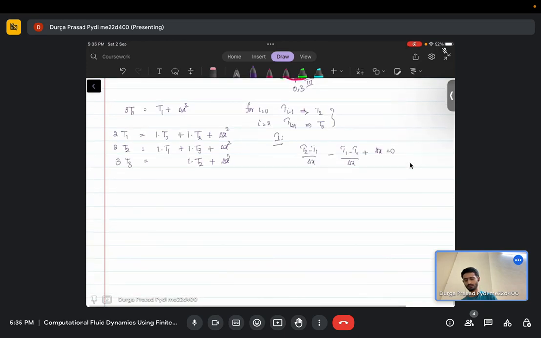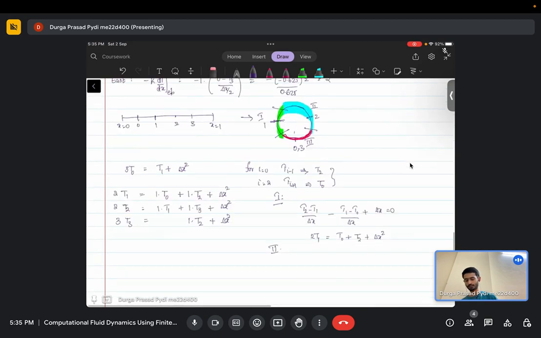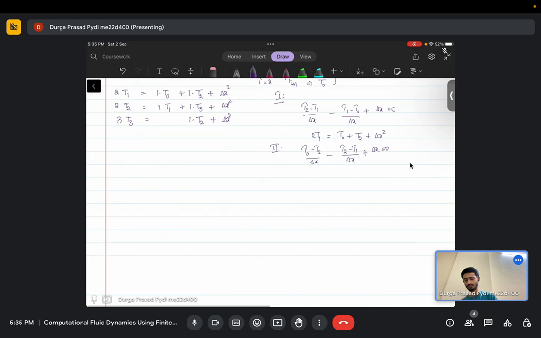So this will give me 2 times t1 equals t0 plus t2 plus delta x square. Similarly for the second region, on the east face we have t3, which is equal to t0, minus t2 by delta x, minus the west face, plus you have a source term. This gives us 2t2 equals t0 plus t1 plus delta x square.